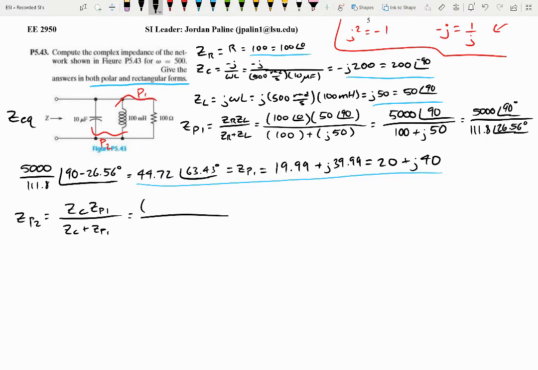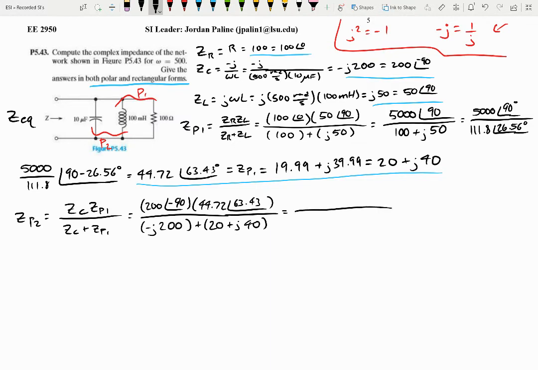In polar form, ZC is 200 at angle -90 degrees, and Z parallel 1 is 44.72 at angle 63.43. In rectangular form, ZC is negative j200 and Z parallel 1 is 20 plus j40.